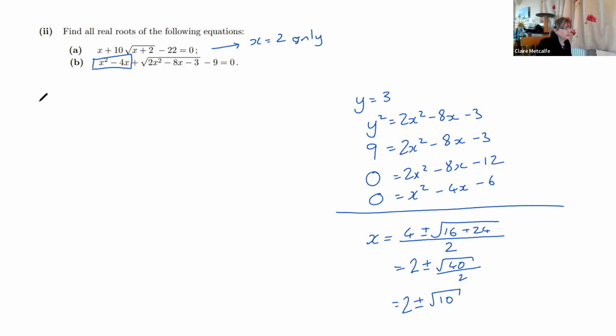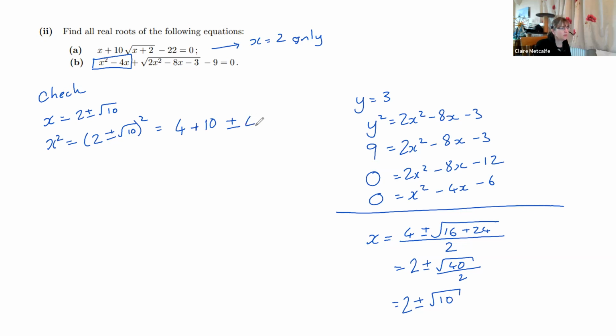Okay, so as a check, if we've got x equals 2 plus or minus root 10, then x squared is equal to 2 plus or minus root 10 squared, which gives me 4 from squaring this term, plus 10 from squaring this term, and then the cross term is going to be plus or minus, depending on whether it's a plus minus here, 2 lots of 2 times root 10.